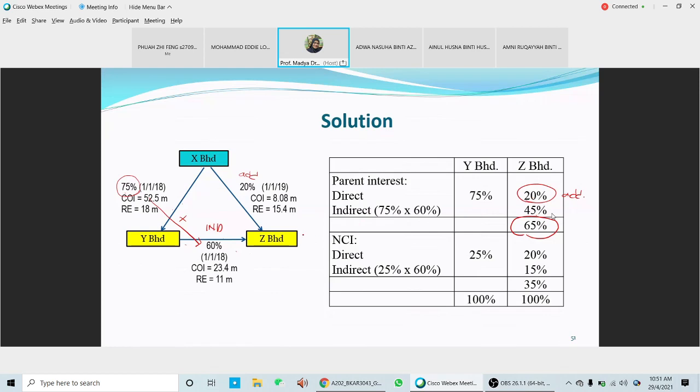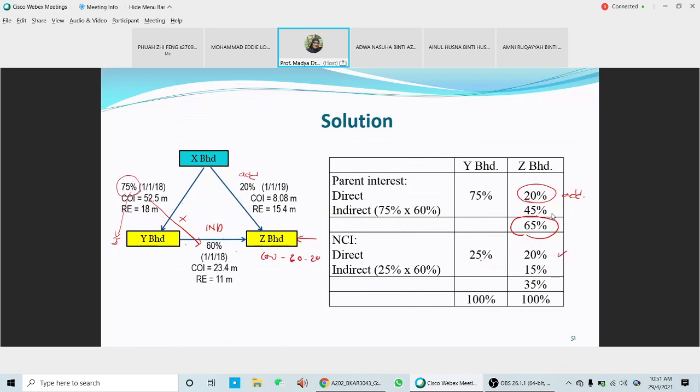Okay, for the NCI. NCI in Y here is 25% because parent has 75%, so 25%. And then in Z directly, NCI has 100 minus 60 minus 20, so another 20%.